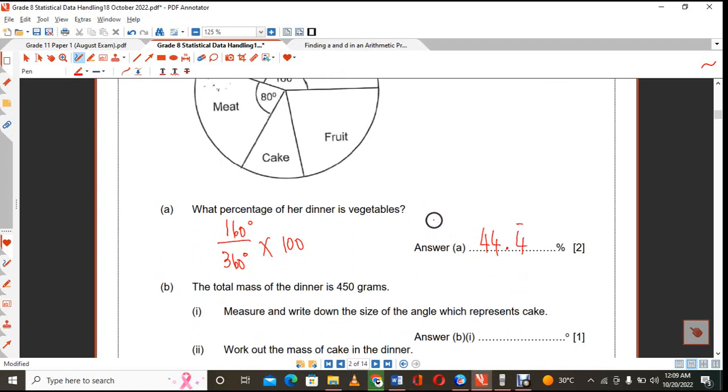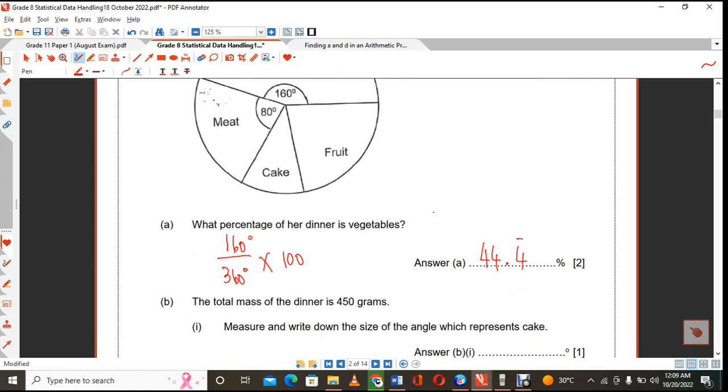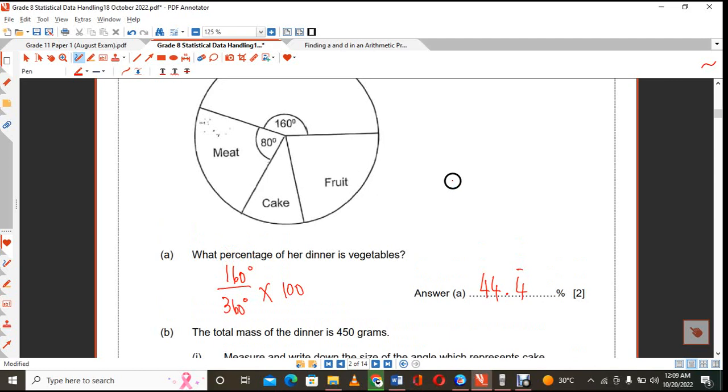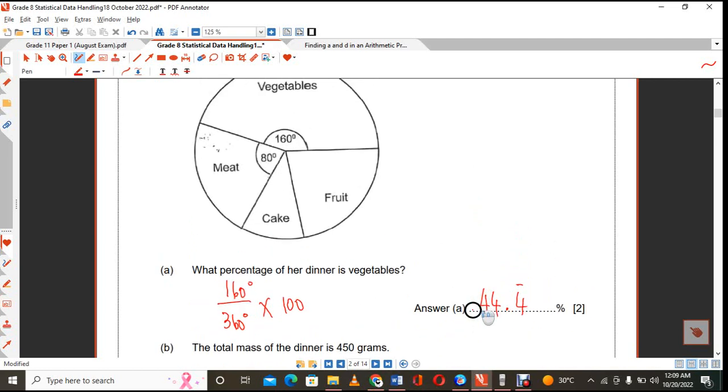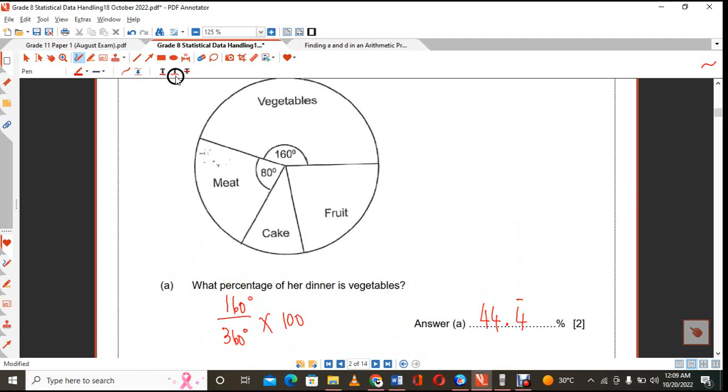The total mass of the dinner, that's how heavy everything is: the meat, the veggies, the fruit, the cake. It's 450 grams. Measure and write down the size of the angle which represents cake.